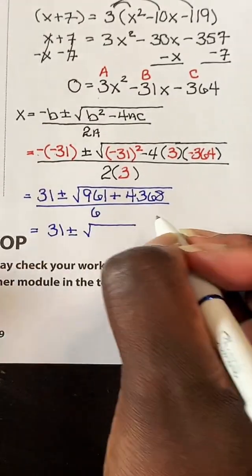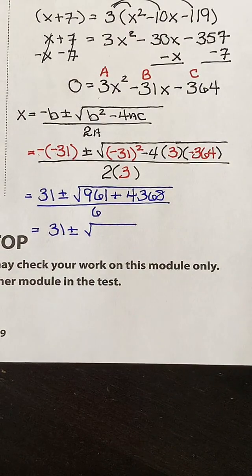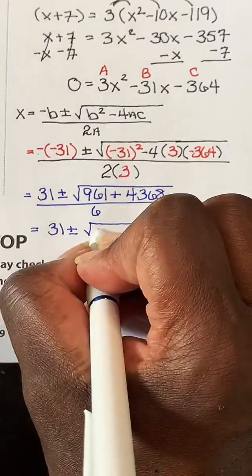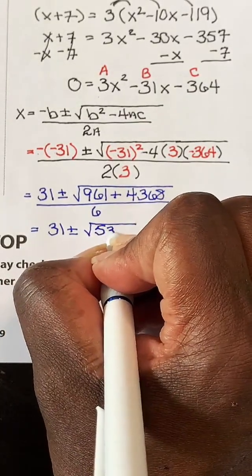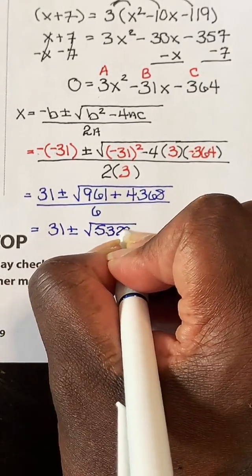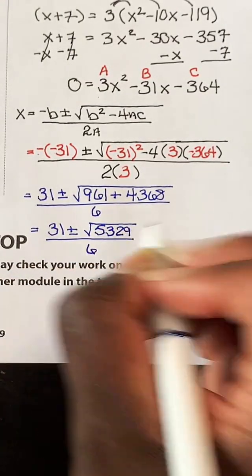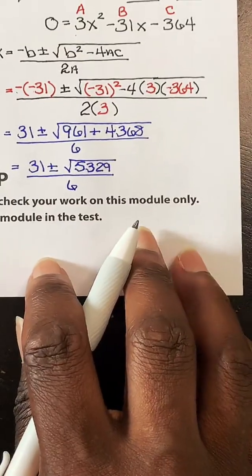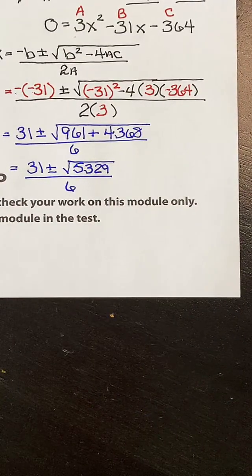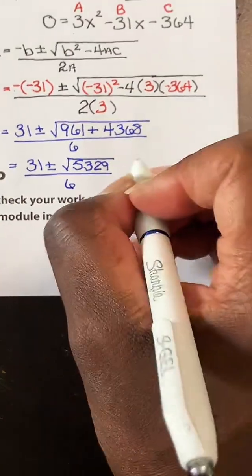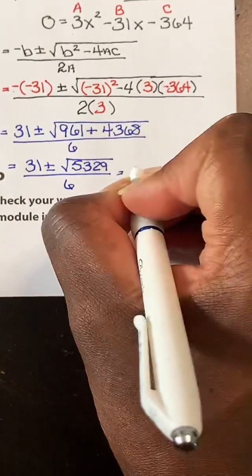So what goes in here? My 4,368 plus my 961 gives me 5,329, all over 6. Yep, the torture is not completely over yet. Now we have to do the square root of that answer, which gives me 73.